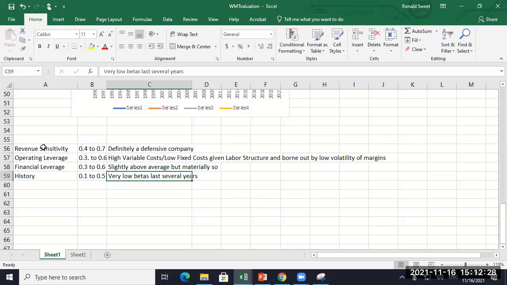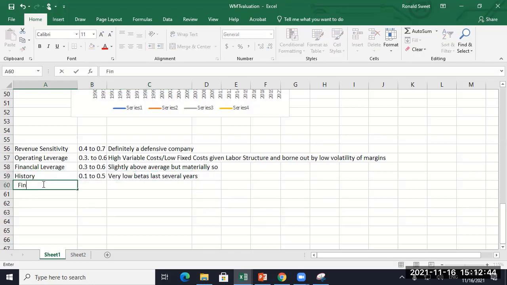If you do this, then you don't lose points for what a lot of students lose points on. If they do all of this and then their final recommendation is all based on history, like they completely ignore everything else they talked about. So here, I'm going to say my final beta, I'm going to go with 0.45 with a range of 0.3, 0.6.